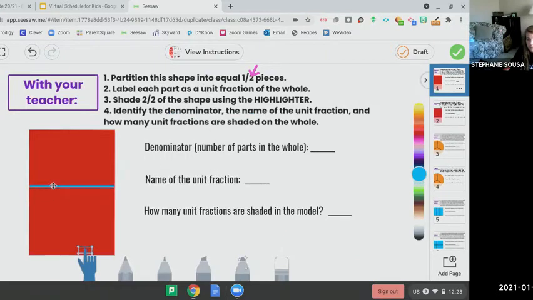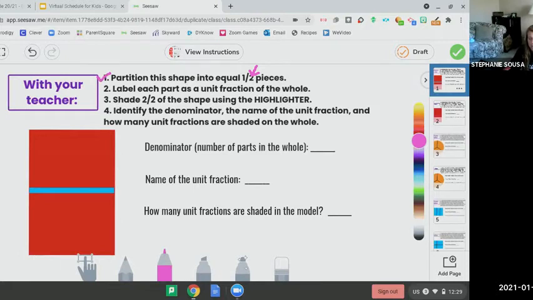Go ahead and do the same. Boom. And make sure that your parts are even or equal sized. There we go. I have 2 parts. You should have 2 parts. So step 1, partition the shape, done.